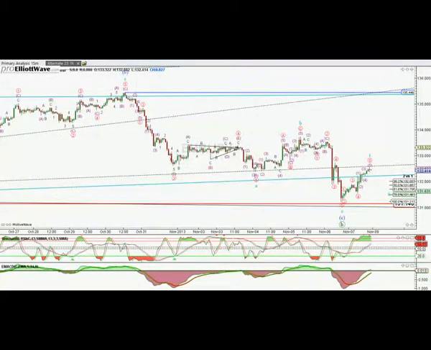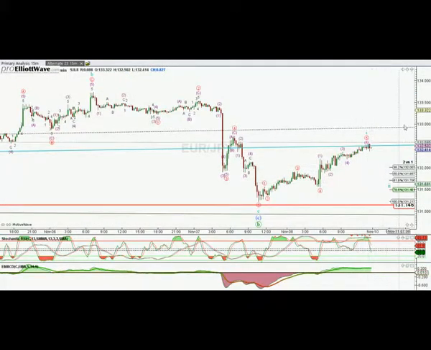Let me expand this a little bit. Okay, so off of that high, we've done an A, B, C, and the C is also completed with a 5-wave impulse wave. And off these lows, I believe what we're forming is a leading diagonal of the 5th wave at this point, with a 1, 2, 3, 4, and a 5 coming up to here, somewhere around here, coming back down.